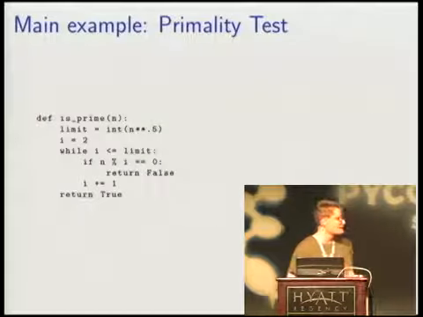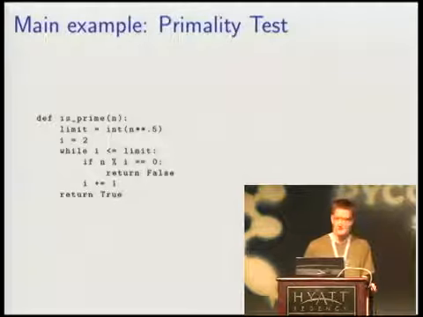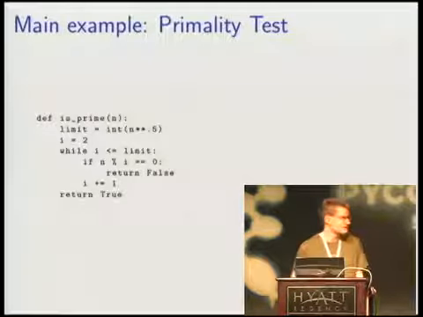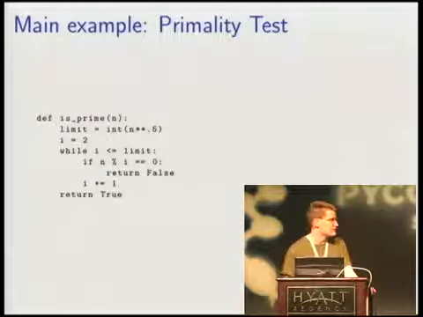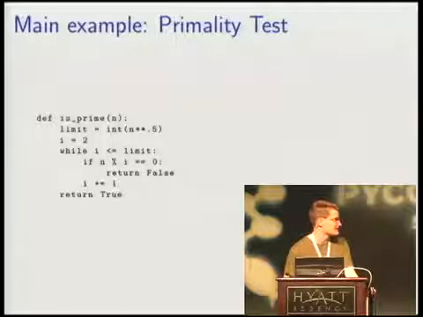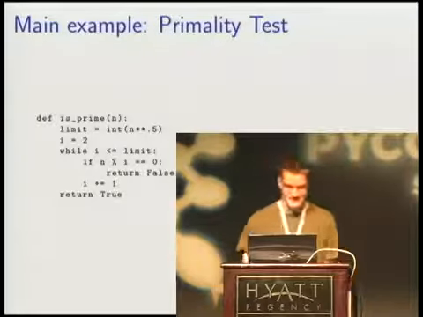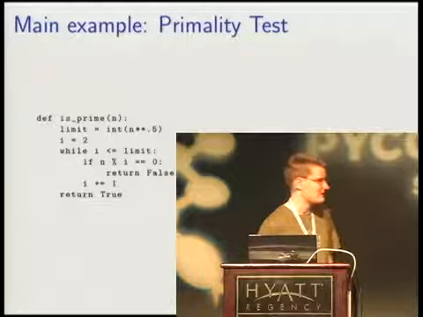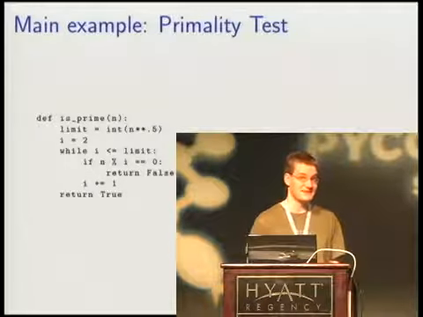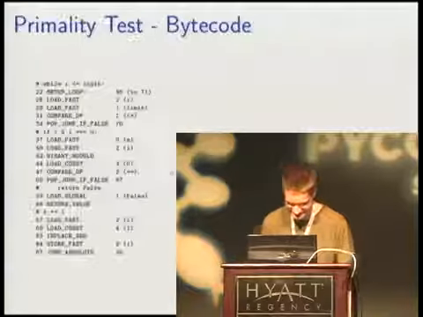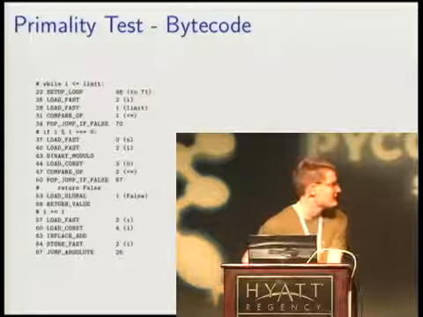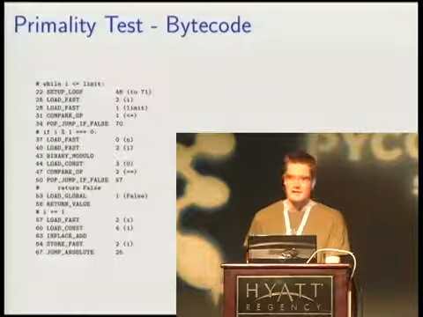Now I'd like to introduce the example I'll be using to show how the PyPy JIT works. It's a very dumb primality test, trial division. But it works well with the PyPy JIT because we're really good at optimizing integers. This is what the bytecode looks like.